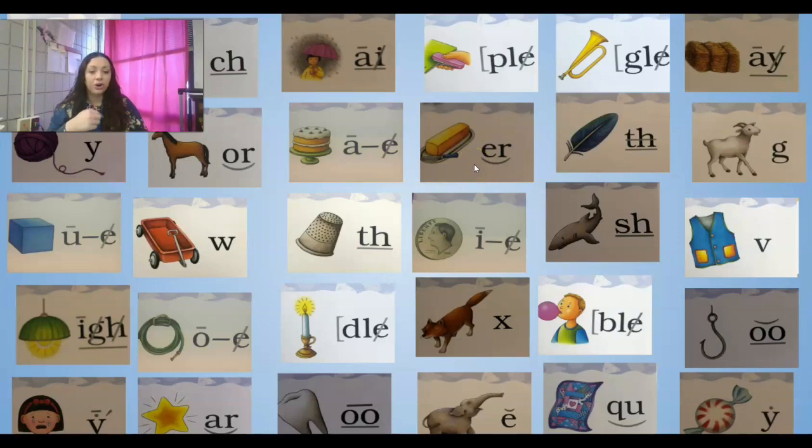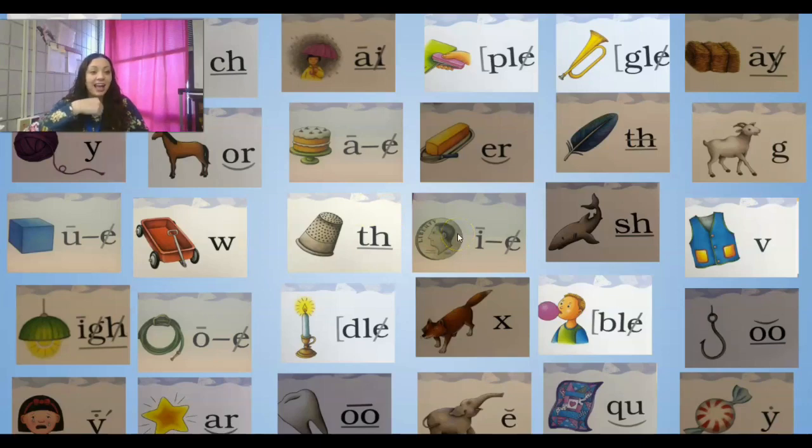Butter, combination ER. Feather, th. Digraph TH. Goat, G. Cube, U consonant E. Wagon, W. Thimble, digraph TH.